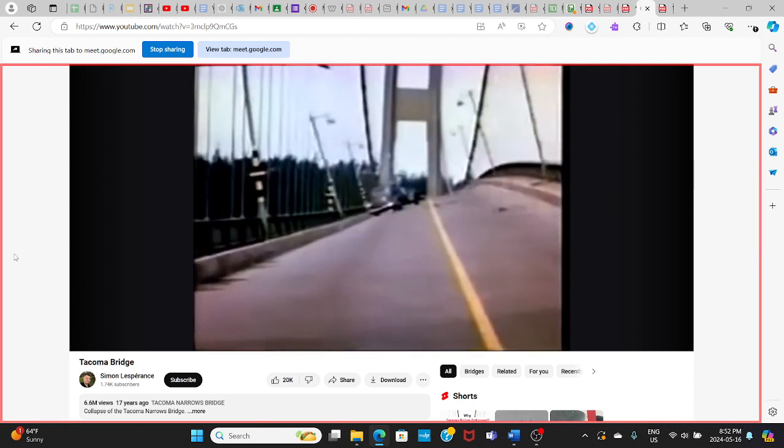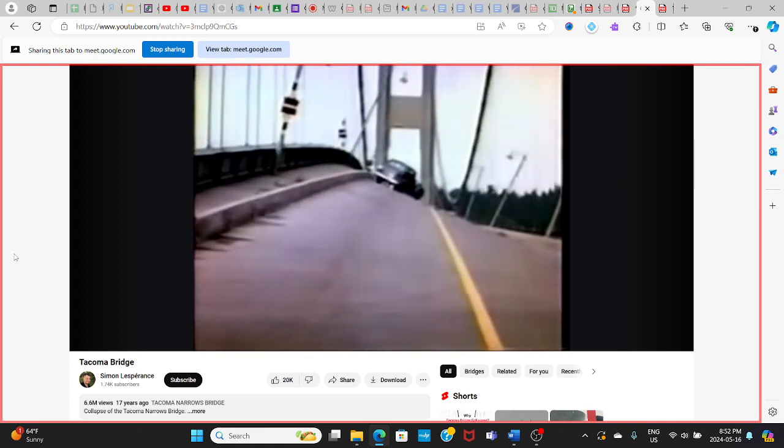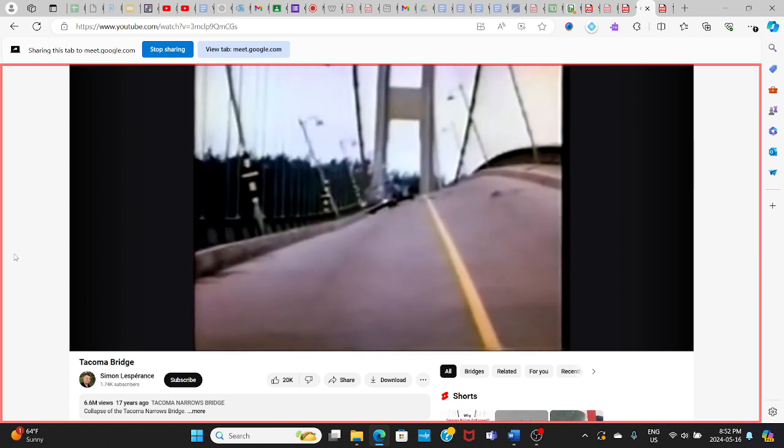However, a small dog in the car was frightened and was afraid to come out, and he perished along with the bridge.